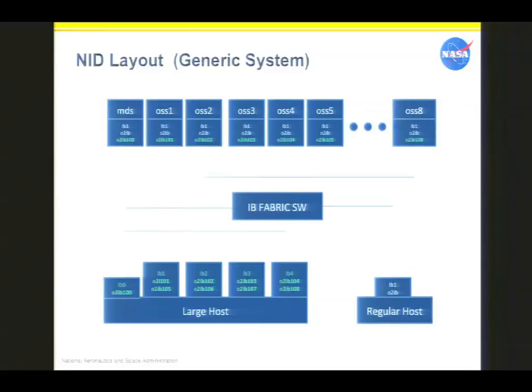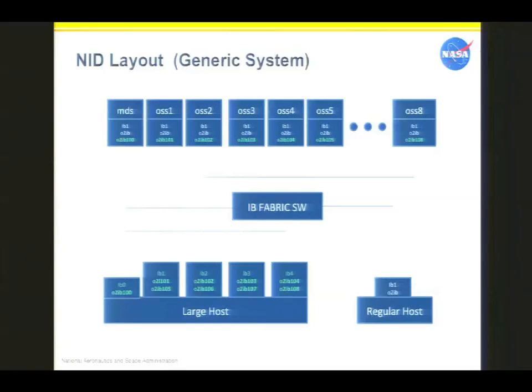So with this slide, we basically wanted to show the NID layout for a generic system. This is not how we configured Endeavor, just a generic example. The NIDs in white would be how you would configure it on a single rail IB system. If you look at the stuff in aqua, that's an example of how you would do NID placement.